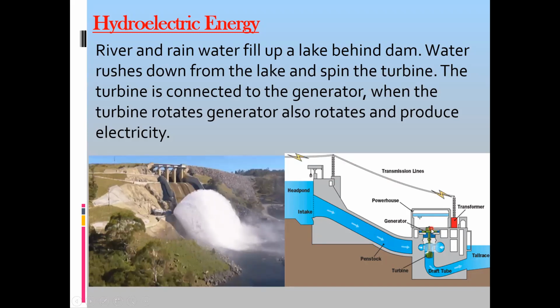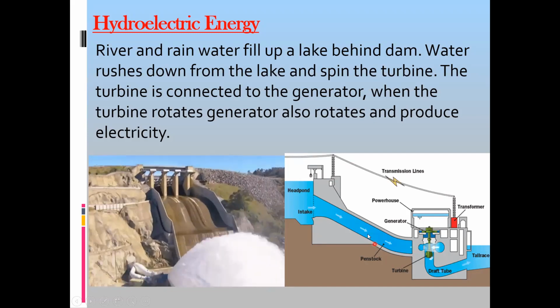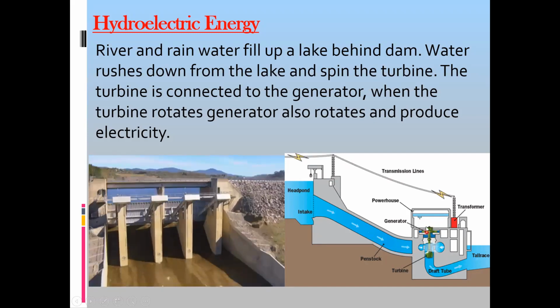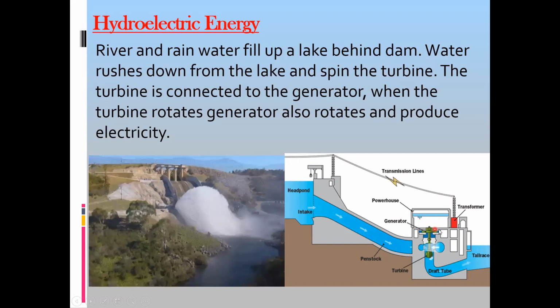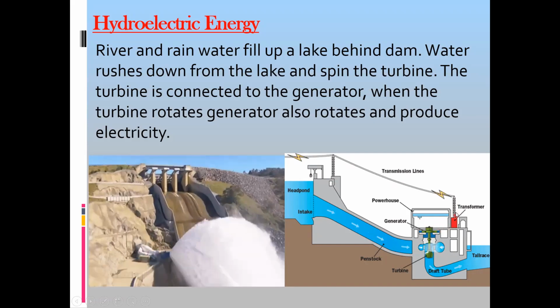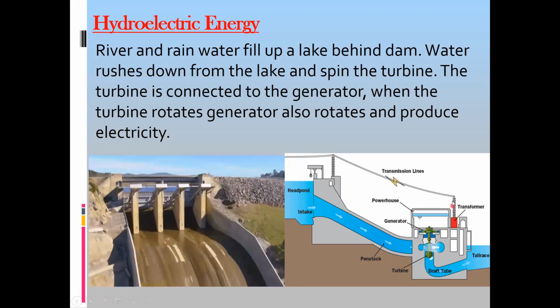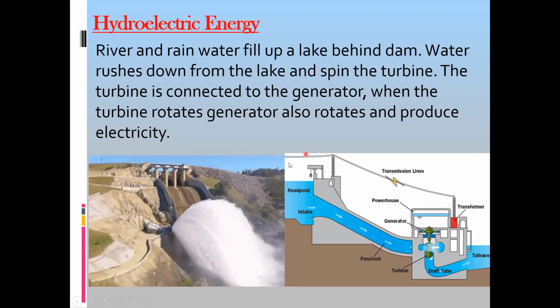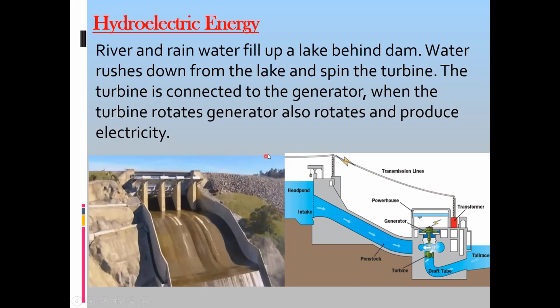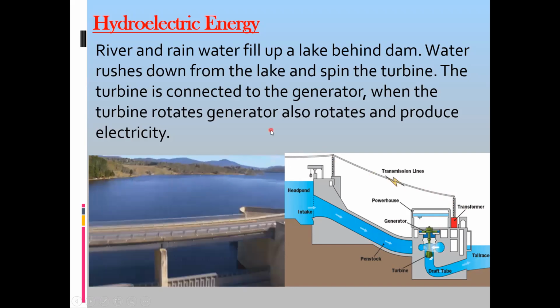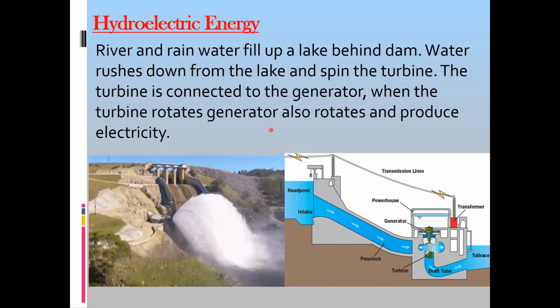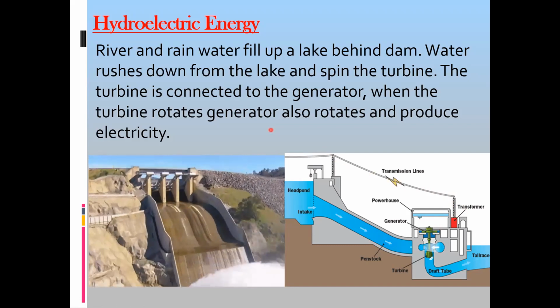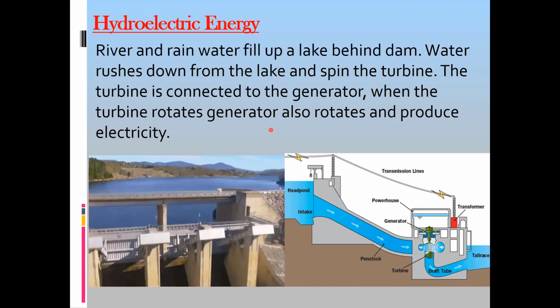It produces electricity. So when the water moves or rotates this turbine, it produces electricity, and we use a transformer to convert the electricity into a certain value, and that is transferred to us. So this is how a hydroelectric power station works: we store the water behind the dam, and we allow the water to flow.